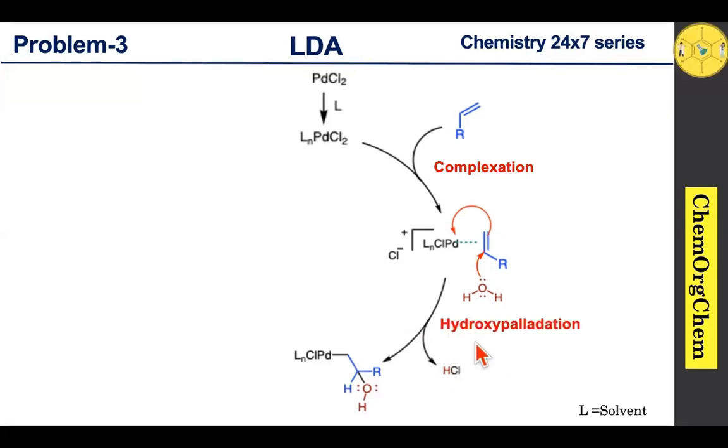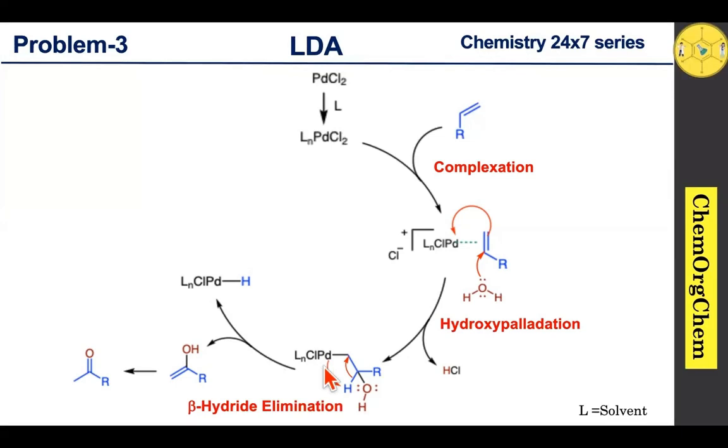This particular step is called hydroxypalladation. The next step, beta hydride elimination, takes place to produce the corresponding enol form. The enol form readily converts into the corresponding keto form by keto-enol tautomerism, along with an intermediate palladium species. So this particular step is called beta hydride elimination.